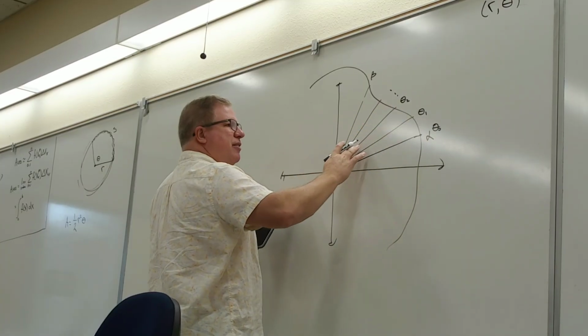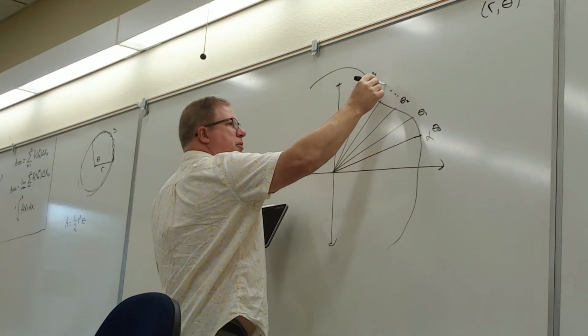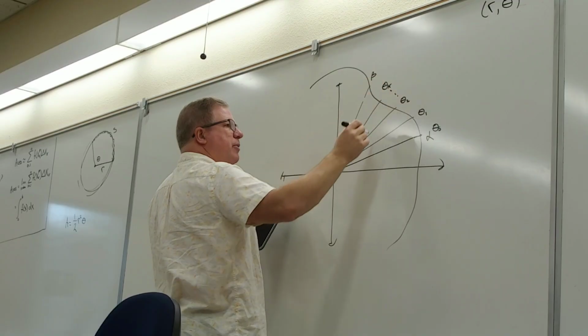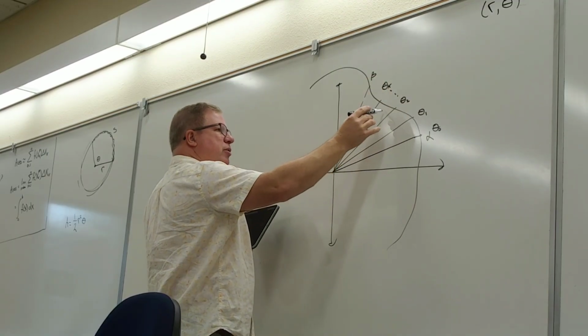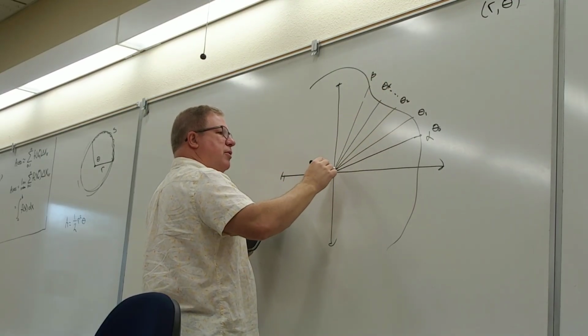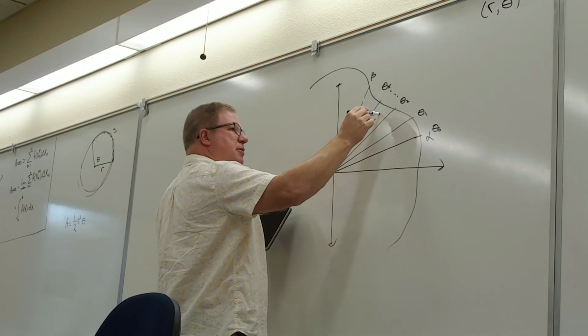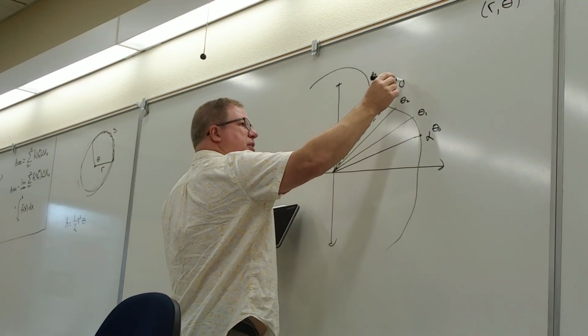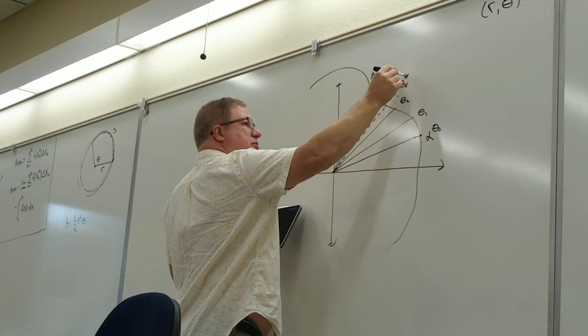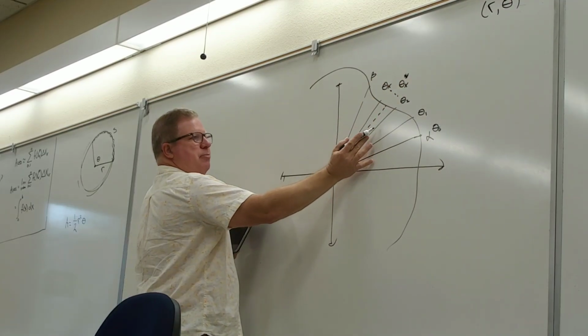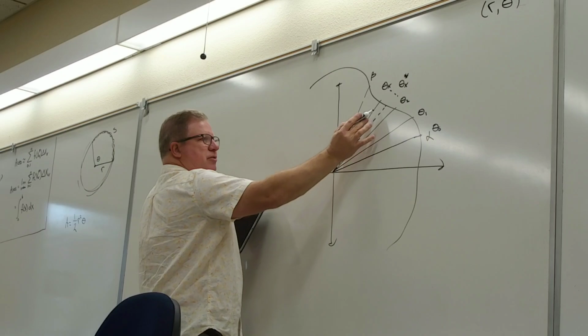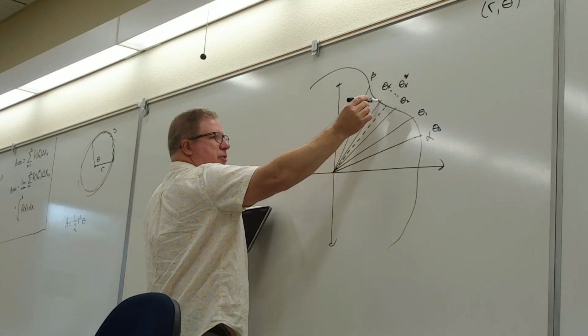Let's look inside, we'll put a theta sub k here. Let's look inside this one. This is your theta sub k asterisk. That's in between that sector. It's going right somewhere in there.